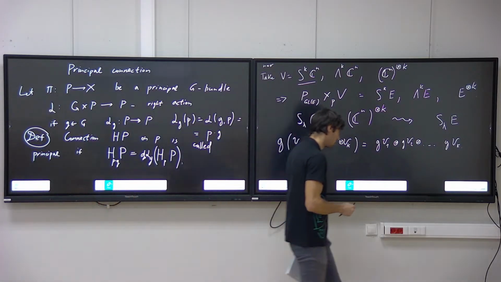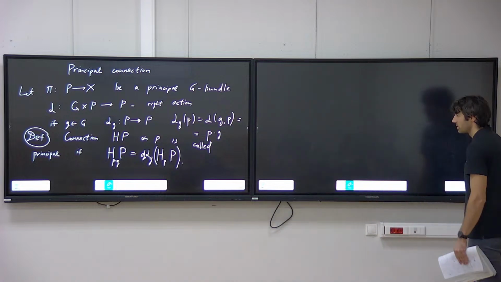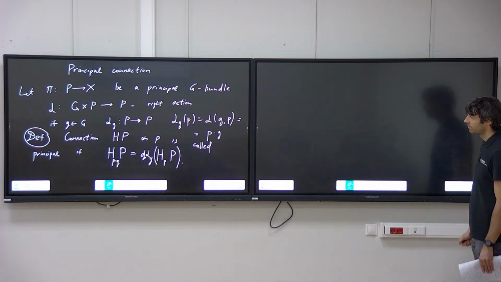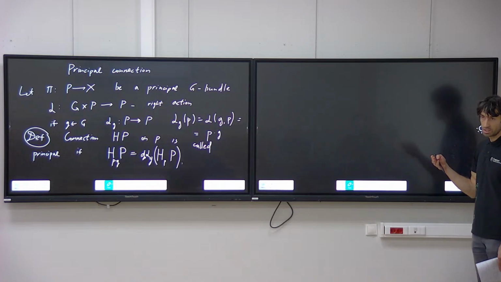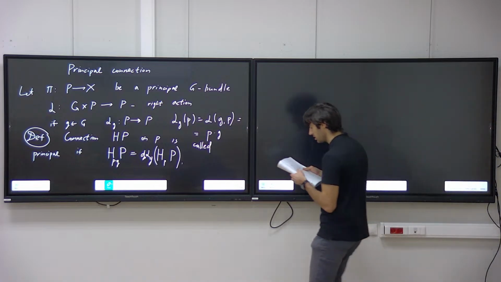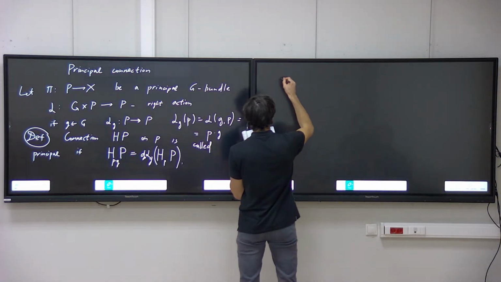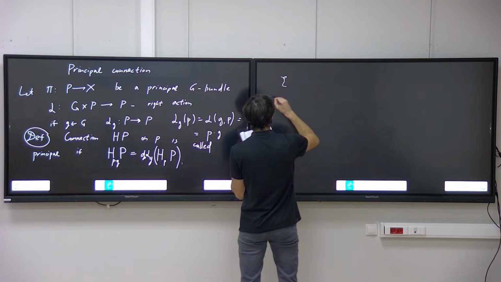So the next thing that I want to claim is that actually, if I have a principal bundle, then the vertical subbundle is trivial. How to see that? Well, to see that, let me consider an element xi.